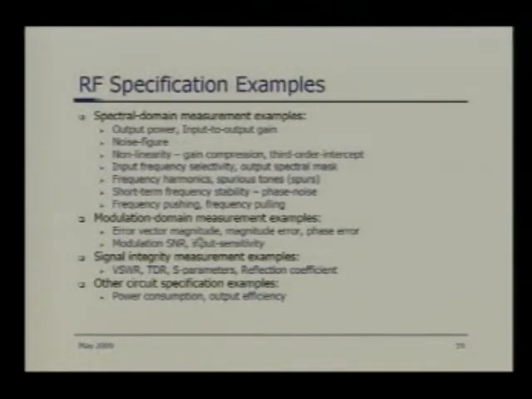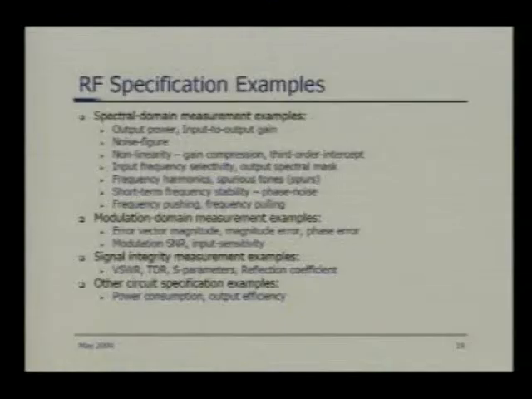So things like error vector magnitude error, phase error, modulation signal to noise ratio, modulation input sensitivity, these are the things that have to do with the modulation domain specification.